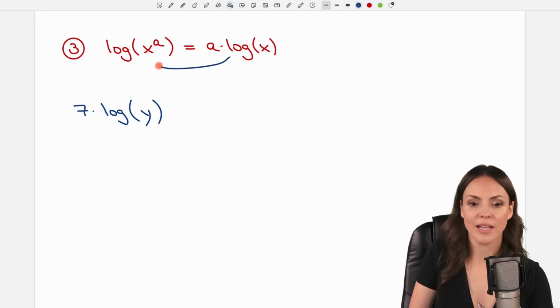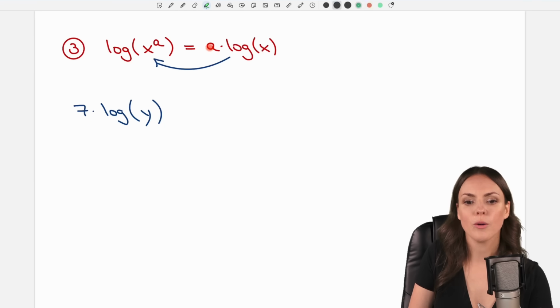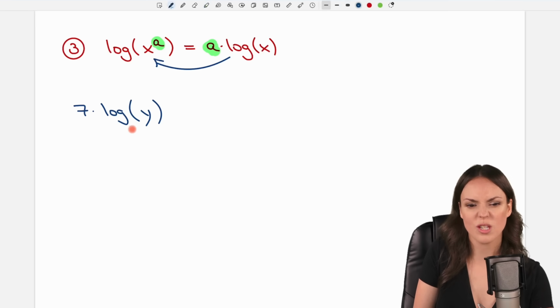Now we're going to apply it the other way around, where we have a factor in front of our logarithm, and we want to drag it into our logarithm. So something like this. We have a factor, so 7 times our log, and we want to take this factor and write it in our logarithm as an exponent.